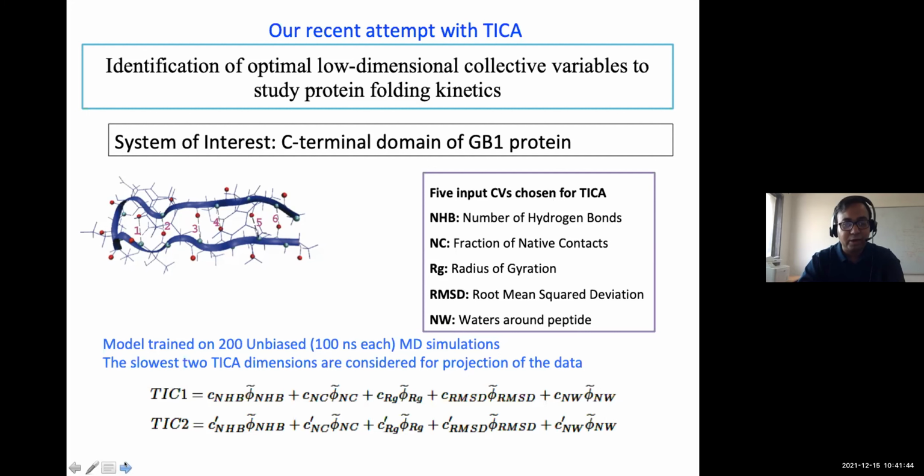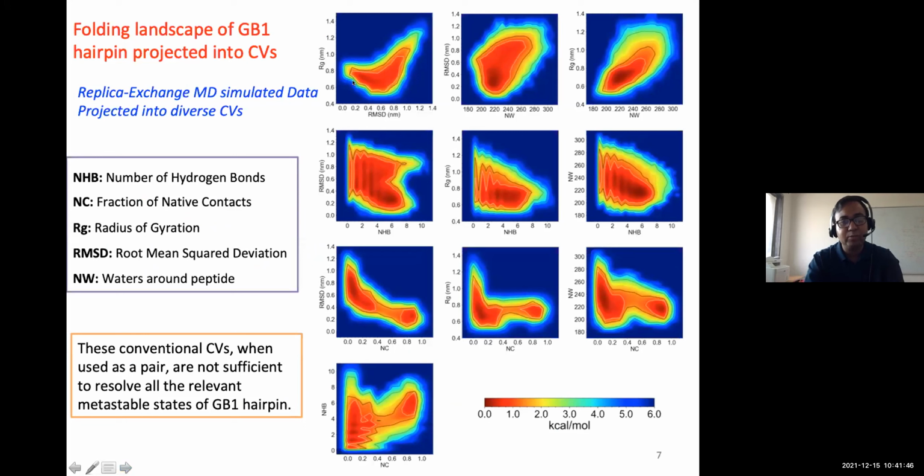So first, we found that if we take any 2 of those different CVs that we had in our data, and use a set of replica exchange molecular dynamics simulated data, and project any of those 2 collective variables as a pair, it's very difficult to see all the metastable basins that we are thinking about.